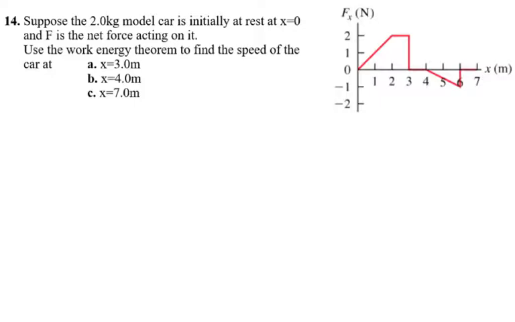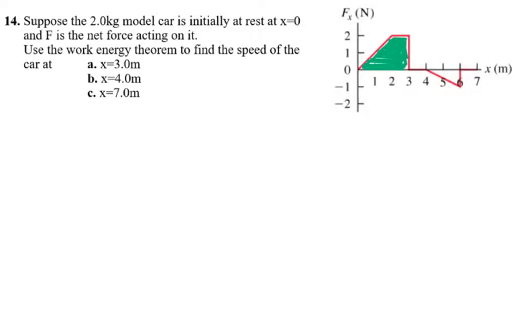Use the work energy theorem to find the speed of the car at 3 meters and then 4 meters and then 7 meters. So if you look at this area, the area is usually base times the height, and your base is distance and the height is force. So the area underneath this graph represents work.